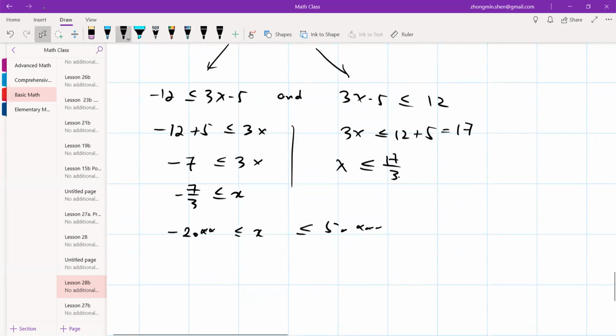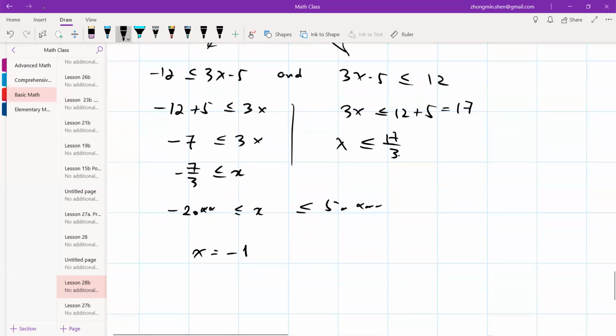So x must start from -2, -1, 0, 1, 2, 3, 4, 5, because -2 is greater than -2 point something. So those are the integers satisfying the above inequality.